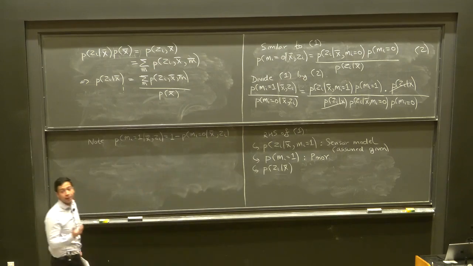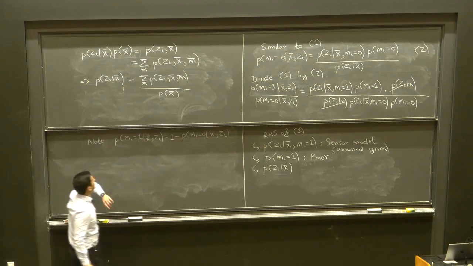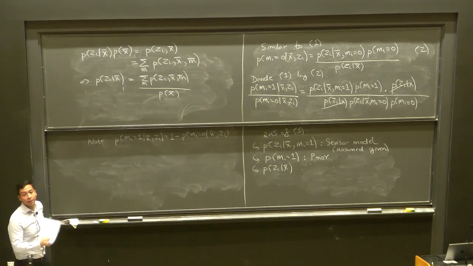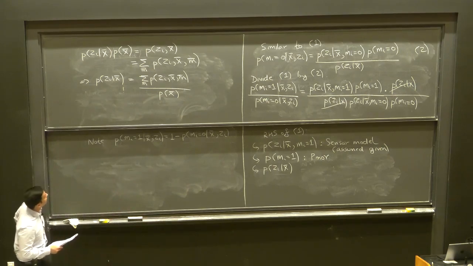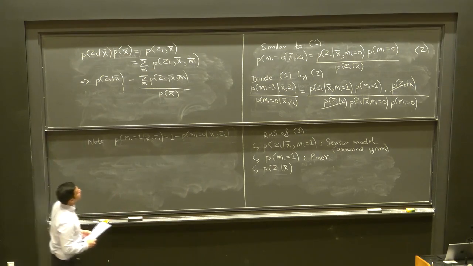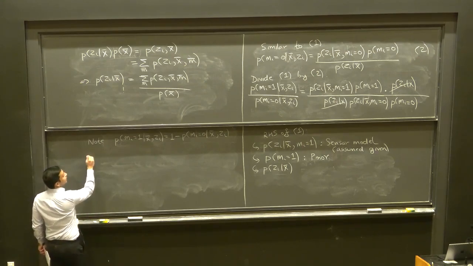Because we're looking at binary valued random variables, the occupancy for the ith cell can either be 0 or 1, so the probabilities have to sum to 1.